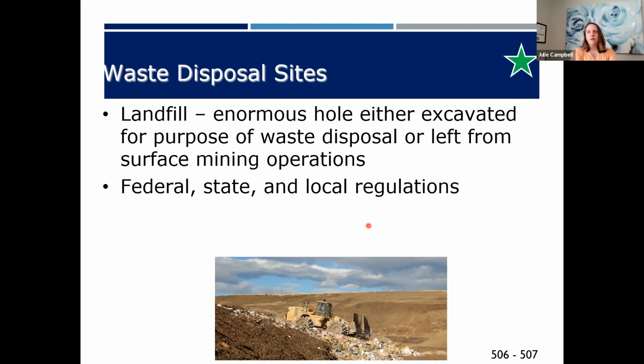Landfills are either the leftover of a surface mining operation, surface mining project, or they were dug specifically for the purpose of using as a landfill. And generally with landfill, they have drainage control. So garbage juice doesn't go anywhere. It can be controlled where that goes. We don't want the landfills to affect our groundwater.